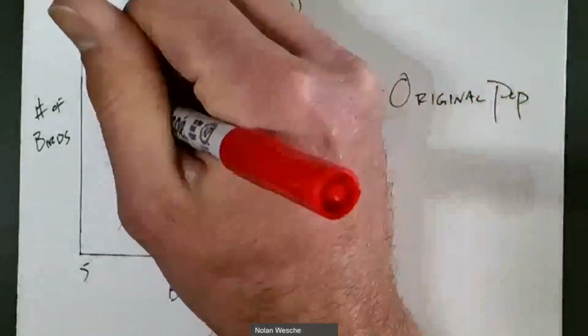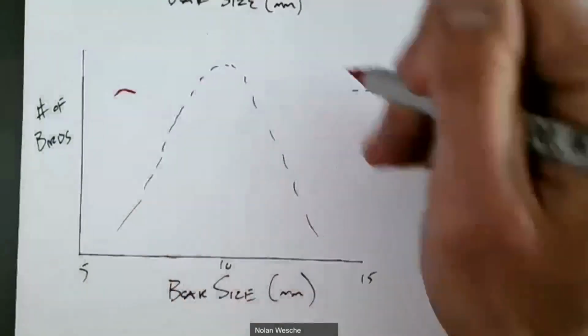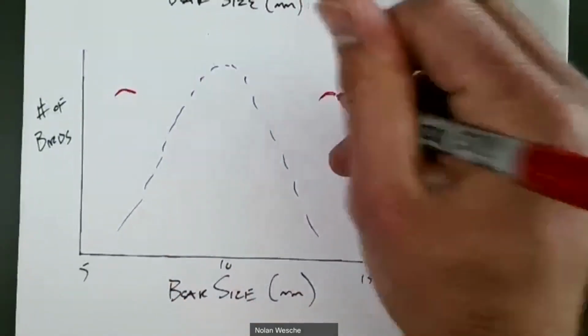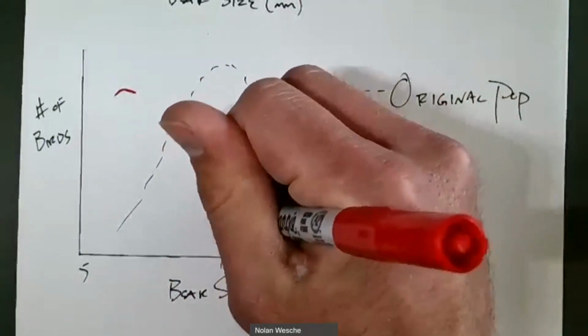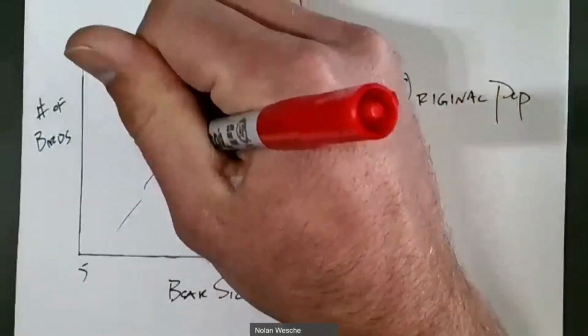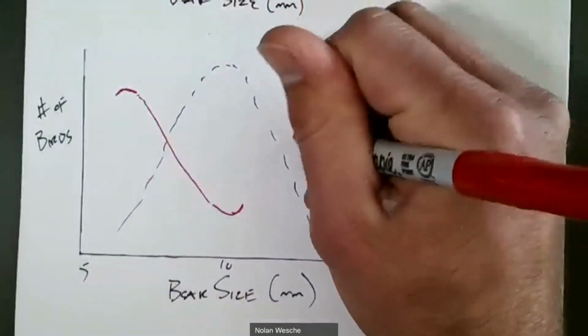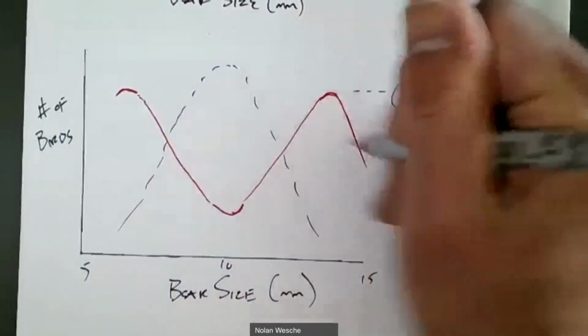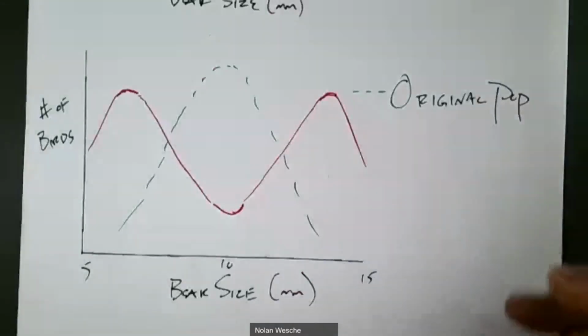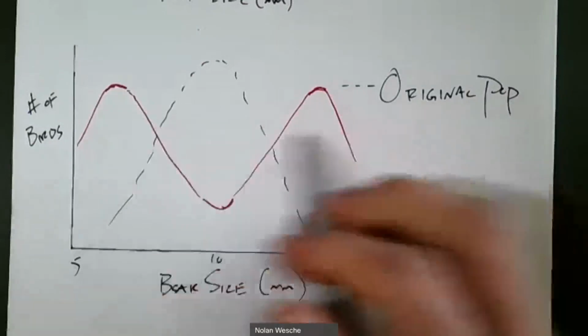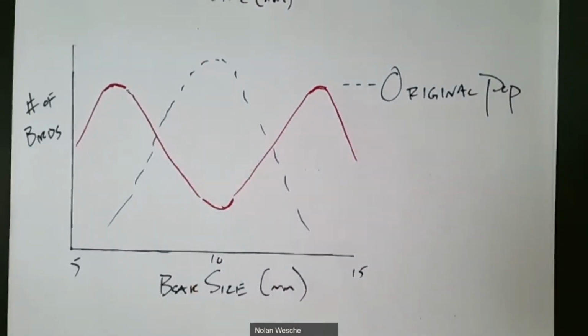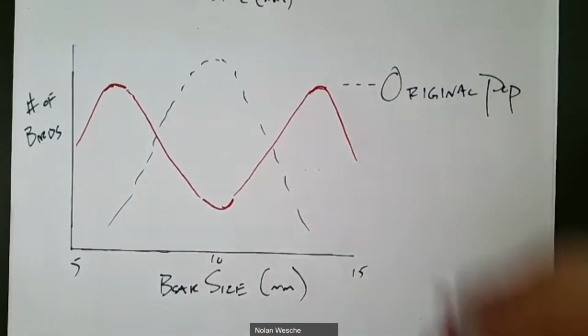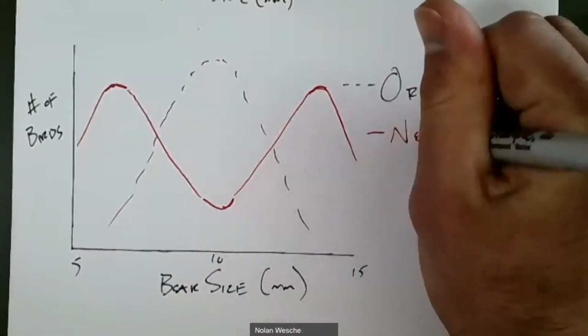And there's nothing kind of in the middle for birds at the mean beak size. So I might have a peak of beak size here, and then I may have a peak for beak size here, and just a giant trough, a dip down here. So my curve might look something like this, where birds are going to thrive at these extremes and struggle at the mean. So again, this is my new population.